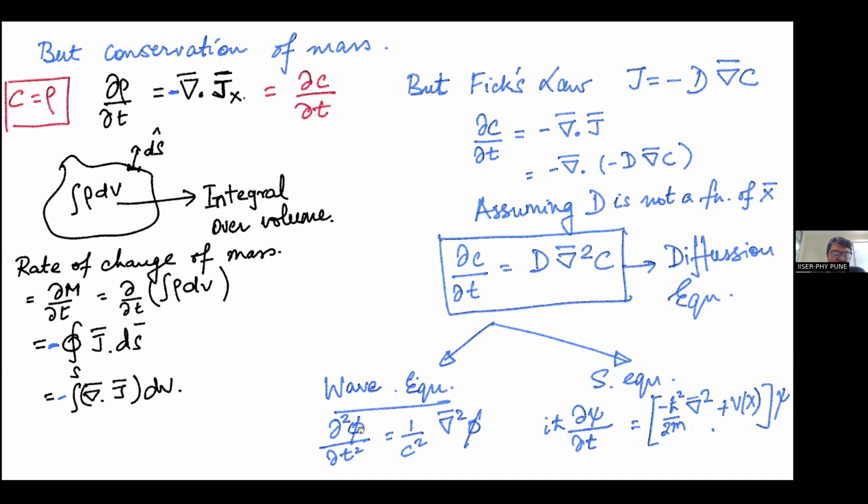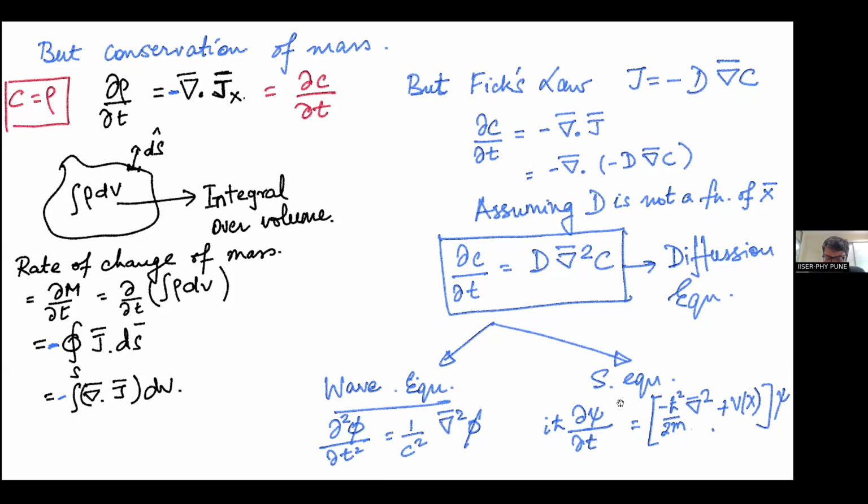Just to remind you, the wave equation is double derivative in time and double derivative in space as well. Here you had a single derivative in time for the diffusion equation. And the nature of the solutions of this is completely different, obviously, from the nature of solutions of the wave equation. And of course, you have to give the boundary condition and the initial condition as well if you want to solve either this or that.